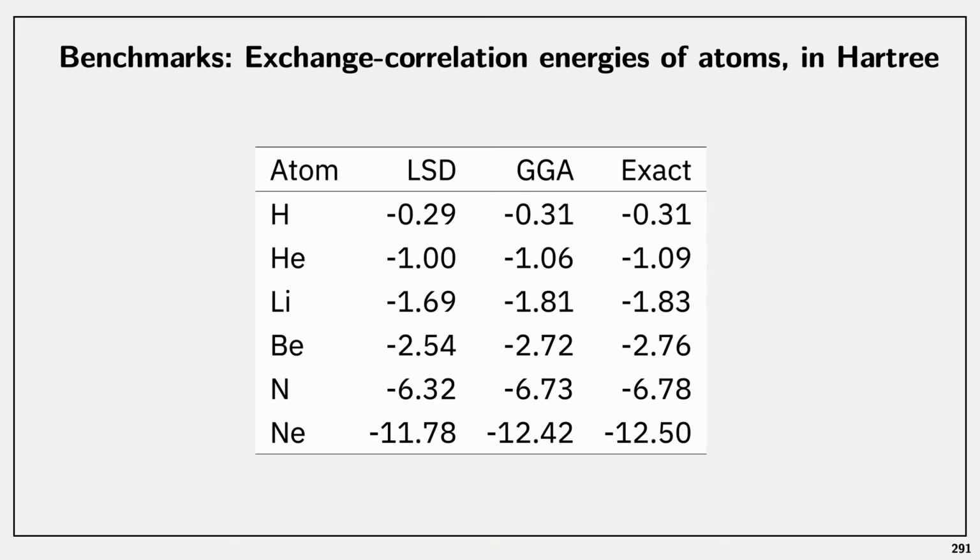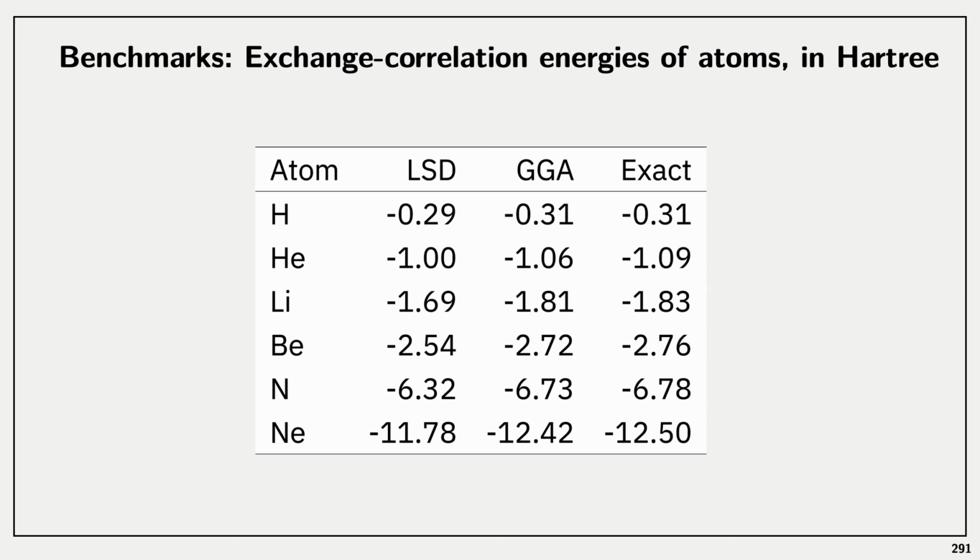It's LDA, but spin polarized, so the spin is included there. It's another way to call LDA for spin. The energy for LSD or LDA is actually not bad at all compared to the exact one. But GGA is a significant improvement. Now, GGA provides at least 2 digits of accuracy compared to exact, which is tremendous, really tremendous.